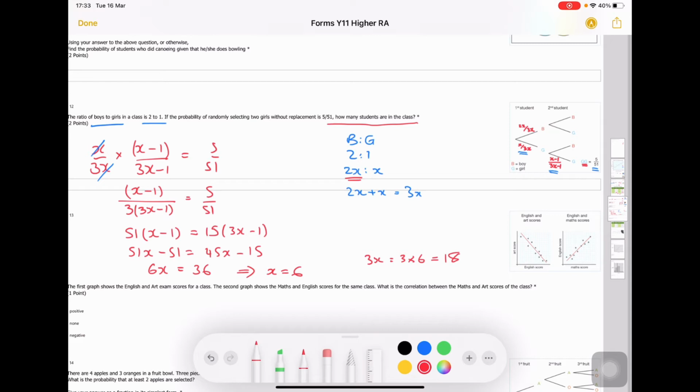There are 18 students in the class. 12 boys, 6 girls, 18 students in total.